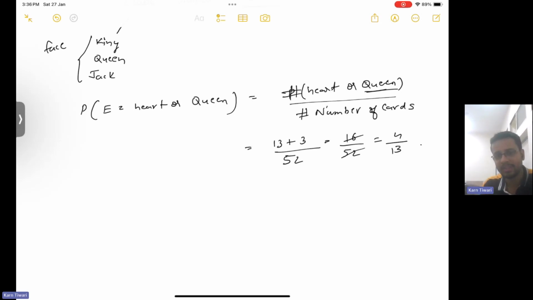So I hope this point is clear. Many of you might not know about the deck of cards and all. It's fine. Just look into Google and Wikipedia basically. The question is easy once you understand what we want to calculate.